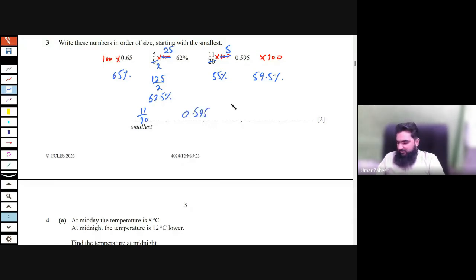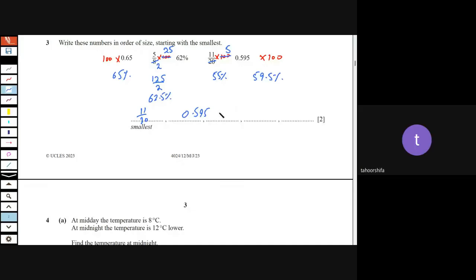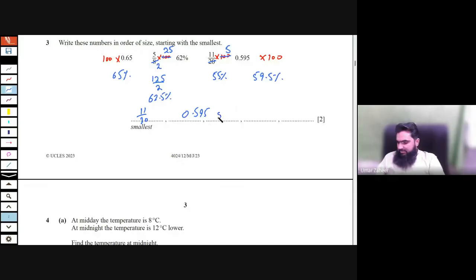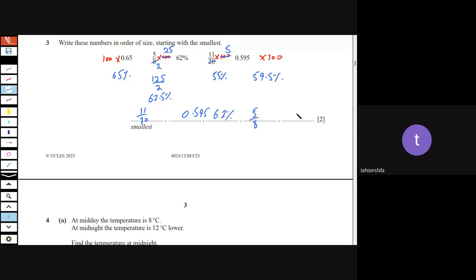The next value will be 62%, sorry, 62.5%. That is 5 over 8, divided by 8, and then 0.65.